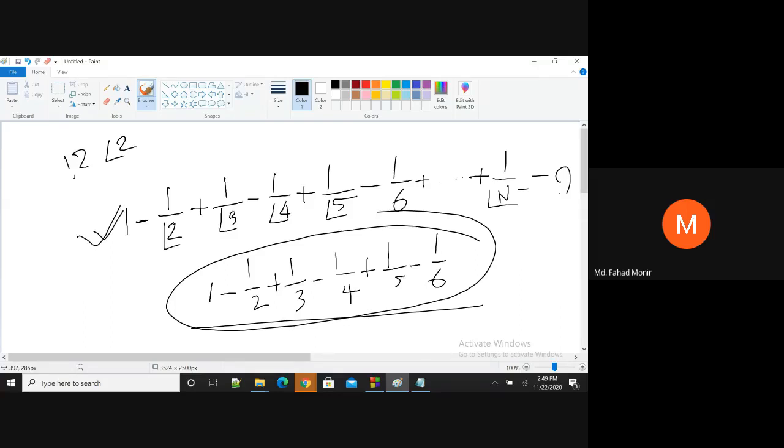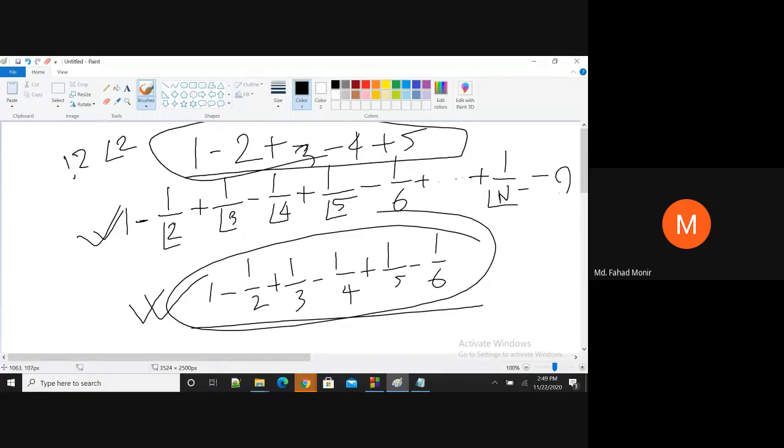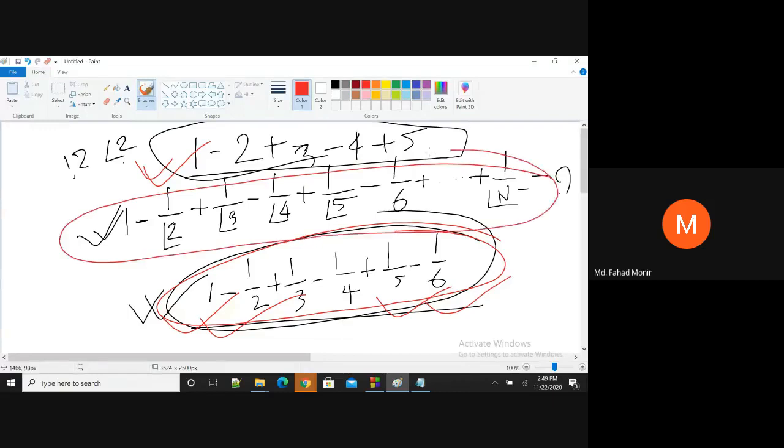Are you listening to me, guys? Yes, sir. We just solved this type of problem, didn't we? 1 minus 2 plus 3 minus 4 plus 5, we did that a little while ago. So if we can do this, can't we do this too? And if we can do this, we can do this as well, right?